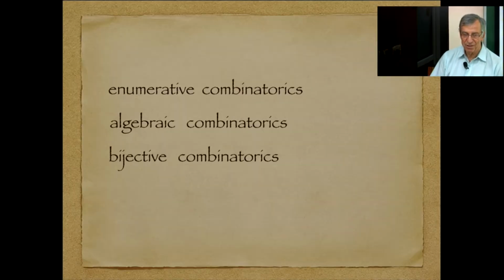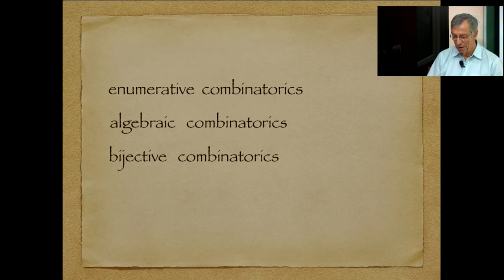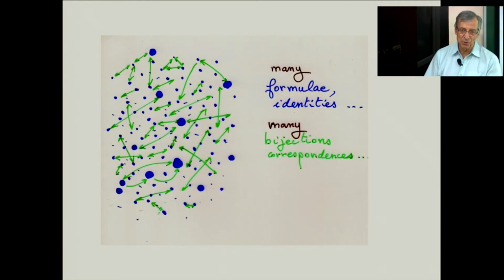So we have seen this kind of combinatorics. There are many facets of combinatorics: enumerative, algebraic, bijective. There are also other facets, existential combinatorics, etc. In combinatorics and in other fields, there are many formulas, many identities, and bijective combinatorics is to relate all these identities by some bijection, some correspondence. So it's a big jungle of identities and bijections.